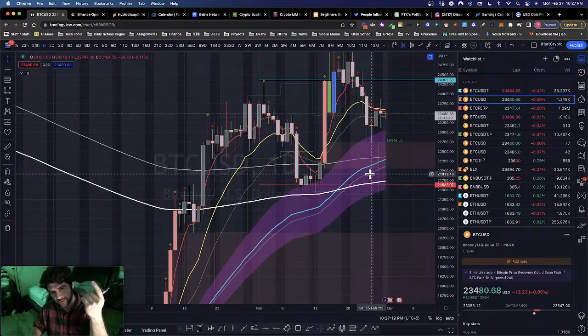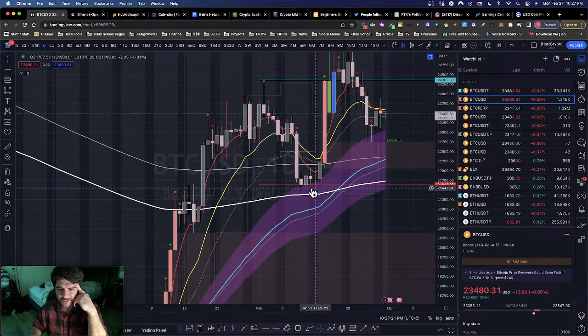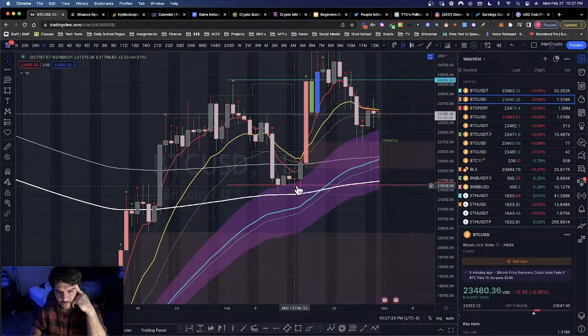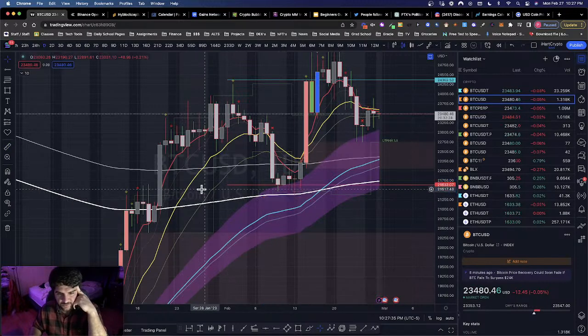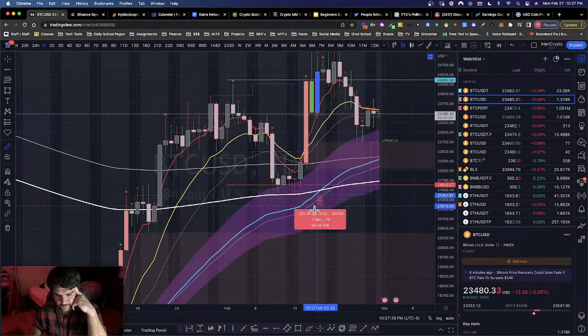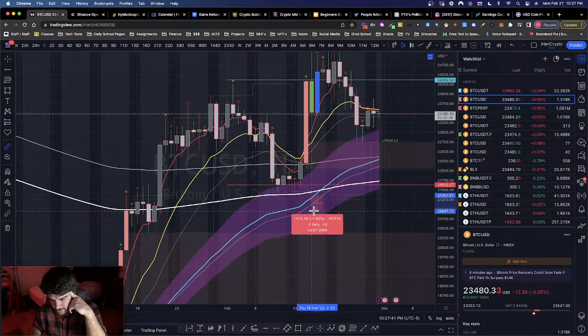You can get a wick, take the liquidity, and still close and make a higher low. It can be a big wick. Look at this wick. This wick was 1.5%. So what's 1.5% back from that? There's 2%. Yeah.